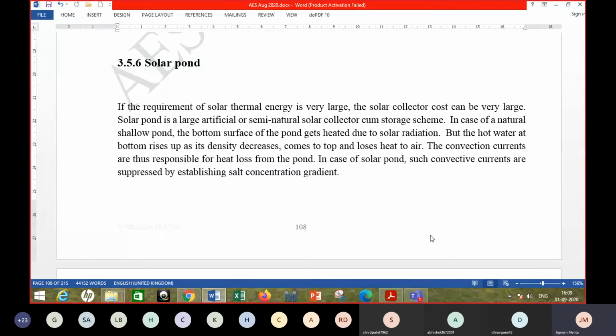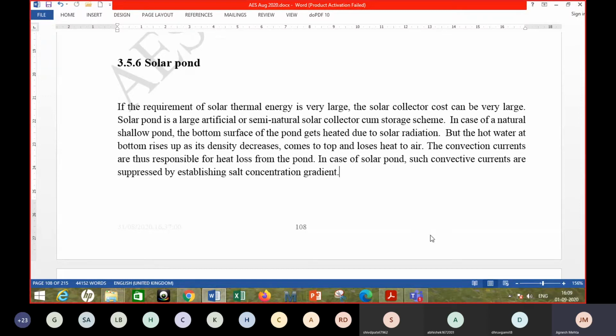Now we talk about another system which may be called a solar pond. Okay. So if the requirement of solar thermal energy is very large, and you use solar collectors like flat plate collectors, because they are made from special materials, the cost can be very high.